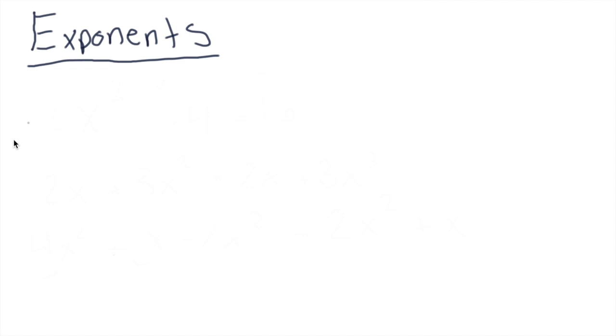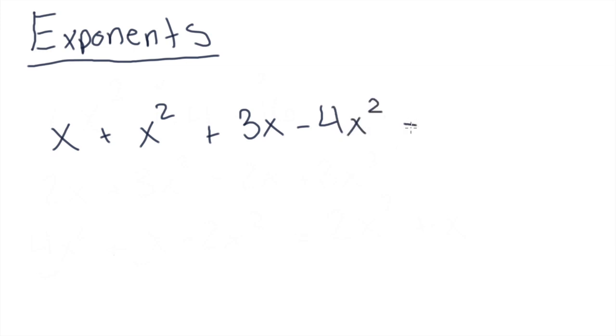If I gave you the function x plus x squared plus 3x minus 4x squared, can you simplify this and combine like terms? So I'm always going to start with my first x, which is, in this case, just a 1x, right?